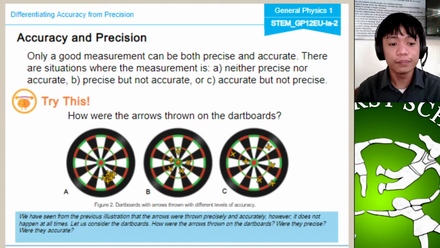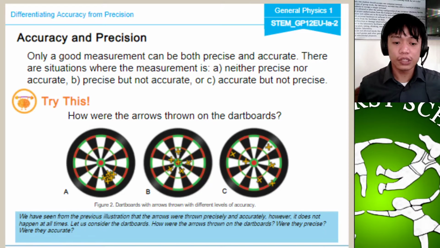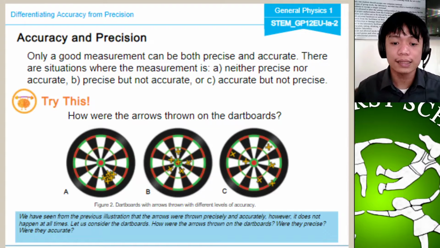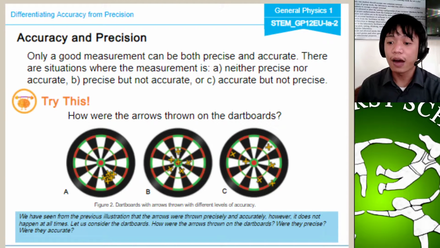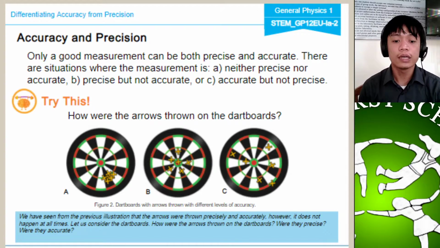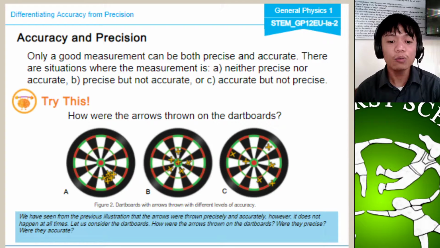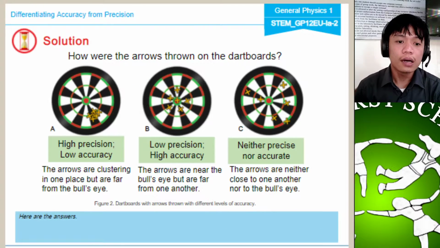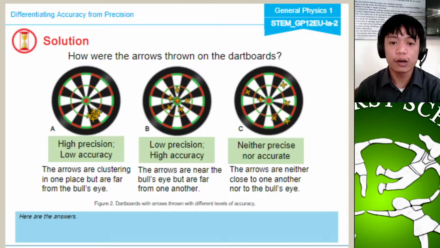We have seen from the previous illustration that the arrows were thrown precisely and accurately. However, it doesn't happen at all times. Let us consider the dartboards and how the arrows were thrown in the dartboard. So, here is now the illustration of it. In letter A, it has high precision and low accuracy.